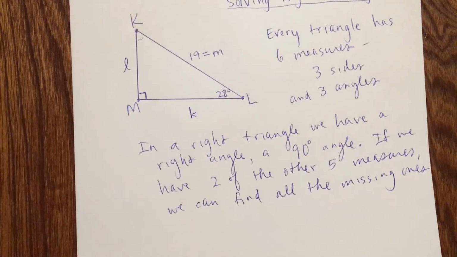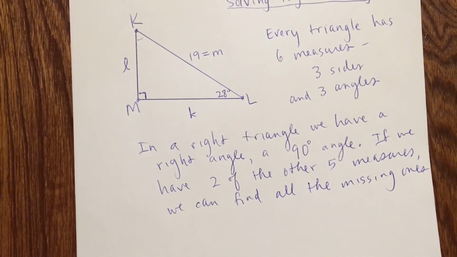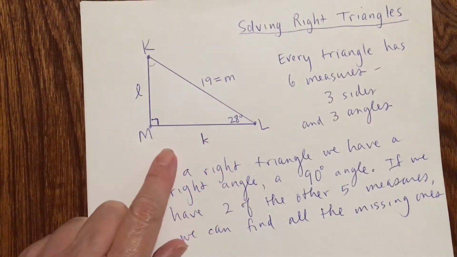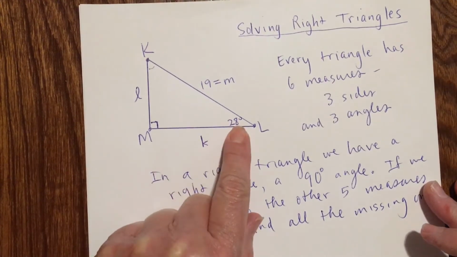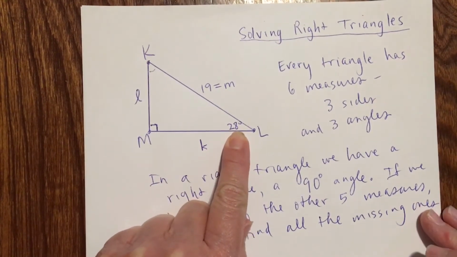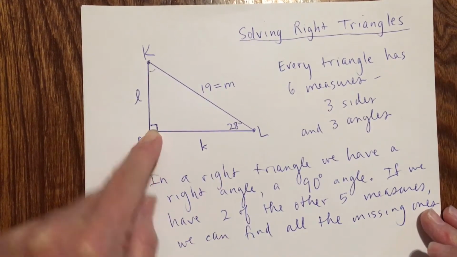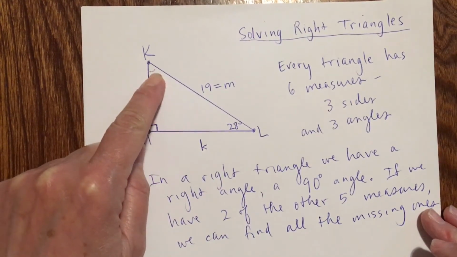And when we do that, we say we've solved the triangle. In this picture, I have an angle that's 28 degrees. I have a 90-degree angle. Oh, I can easily find angle K.